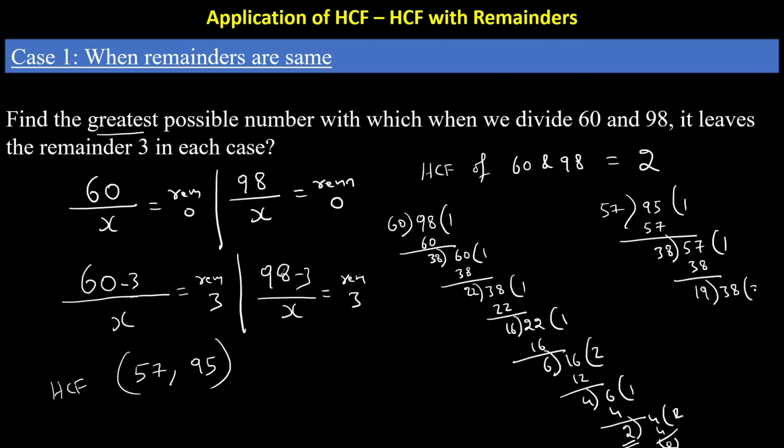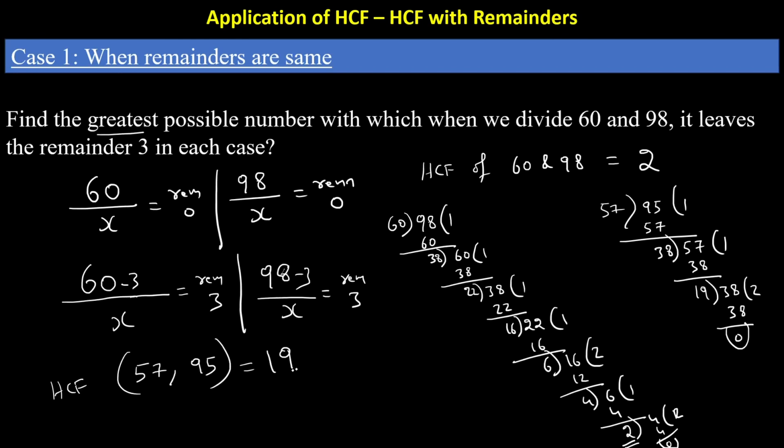And here it will be 38, 19 twos are 38, and the remainder is 0. So at which divisor did I get remainder 0? 19. So what is the answer? 19. So 19 is the greatest possible number. When I divide 60 and 98 with this 19, it will give the remainder as 3 in each case.